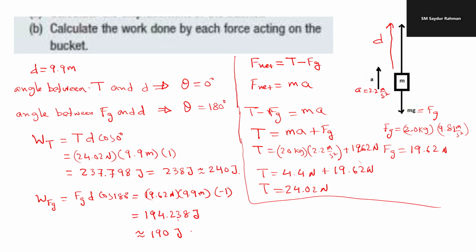So this is part B. The work done by the tension force is 240 joules, and the work done by the force of gravity is negative because of the negative sign, so negative 190 joules.